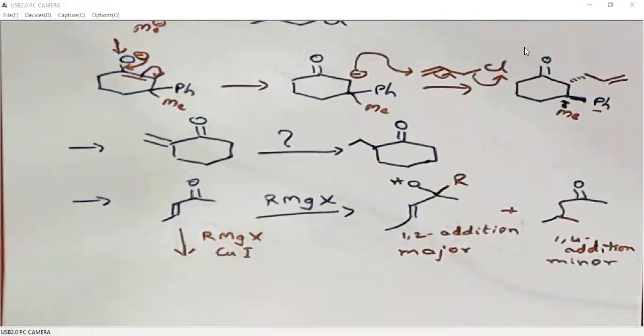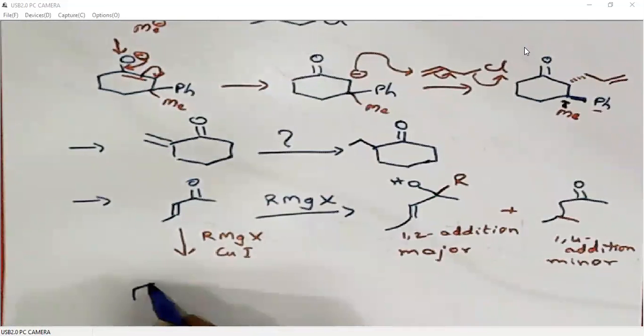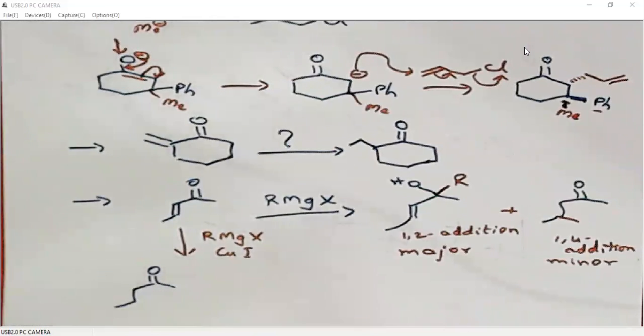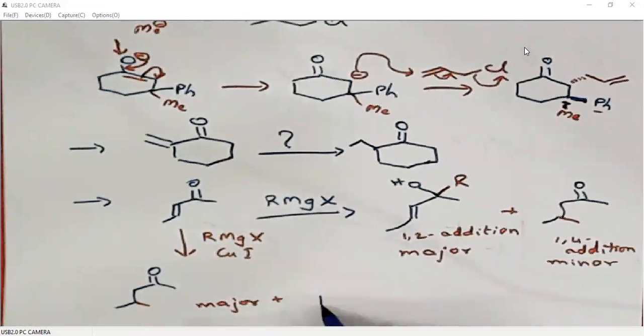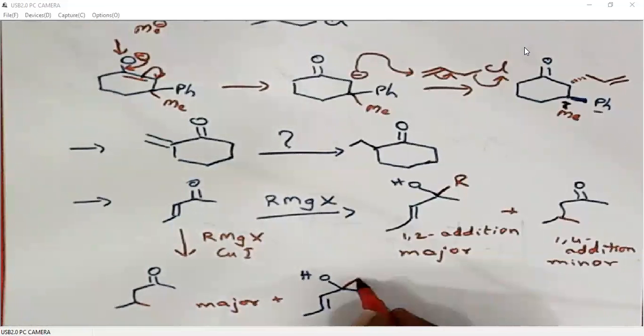So here the major product is 1,4 addition. This is the major product. Of course, there is also a possibility for the minor product. What is the minor product? The minor product is the 1,2 addition.